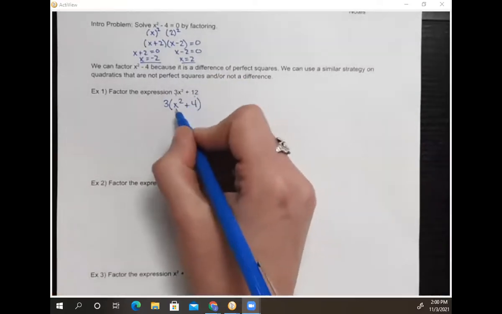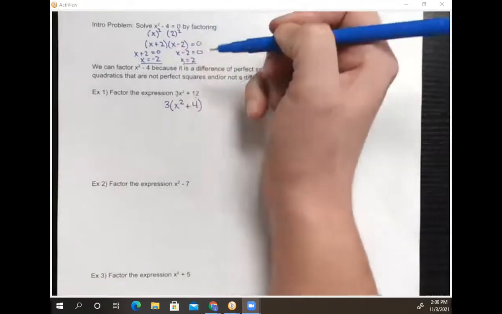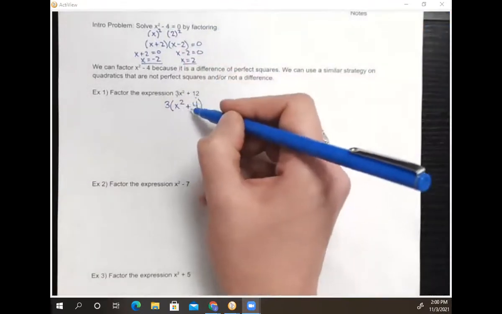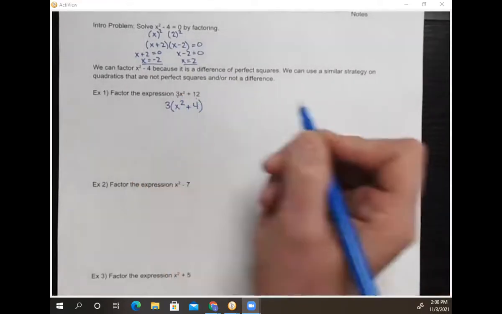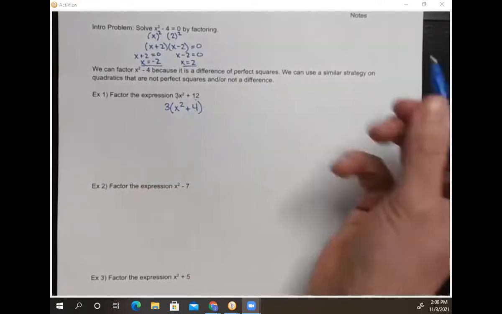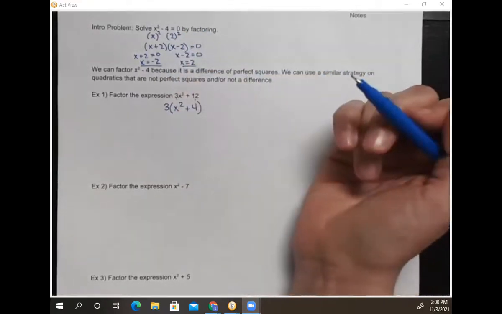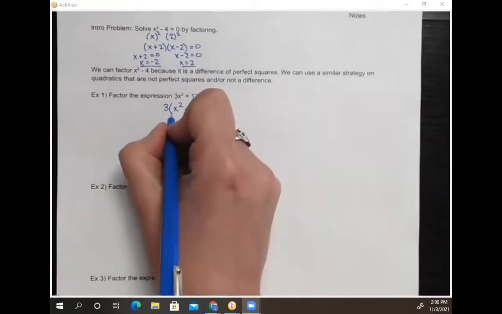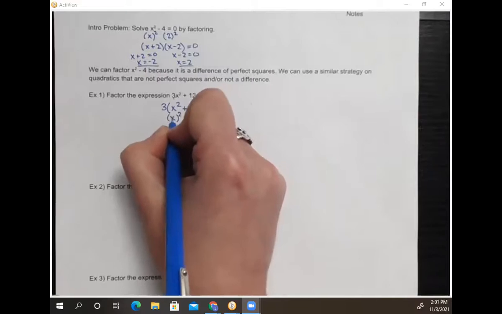Now, x squared plus 4 is a little different than x squared minus 4 because here I had a difference, I was subtracting, and here I have a sum, I'm adding. Now, to be able to factor x squared plus 4, I'm going to use that same difference of squares pattern, but I'm going to have to make a modification. Okay, so I'm going to start the same way. I'm going to ask, what did I square to get each of these? So to get x squared, I would square x.